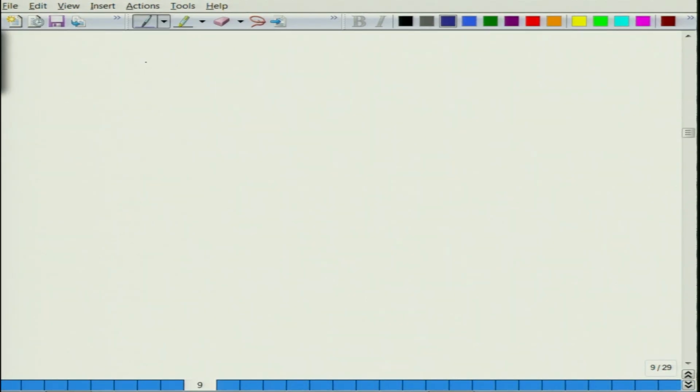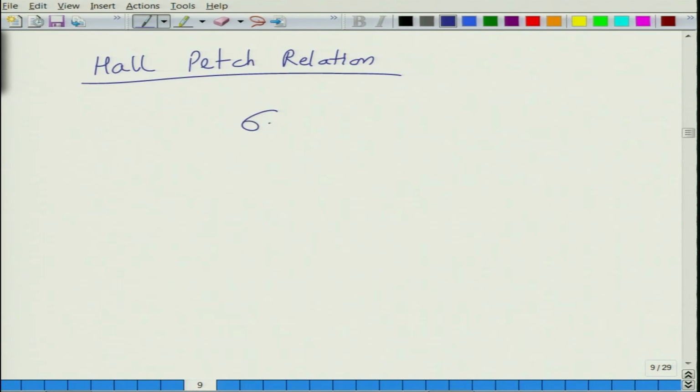So, this is the relation given by what we call the Hall-Petch relation, and this says that sigma y is equal to sigma naught plus k divided by square root of d.